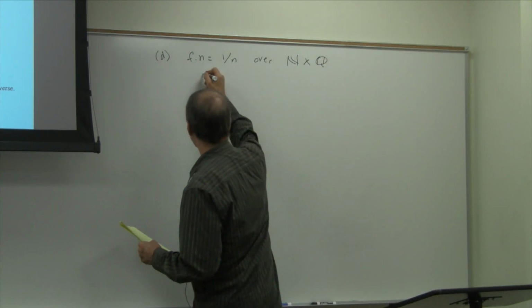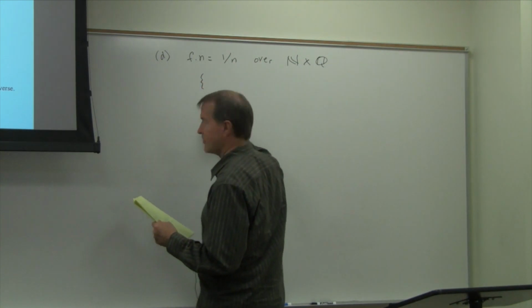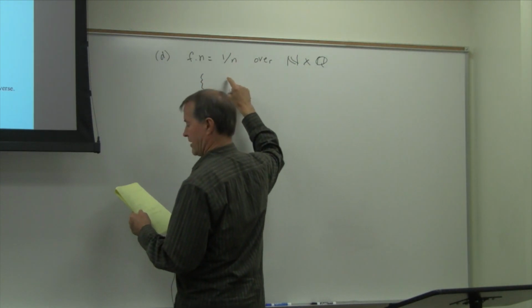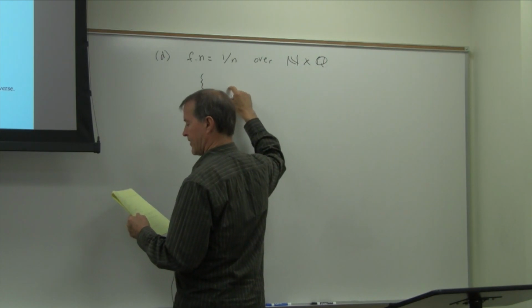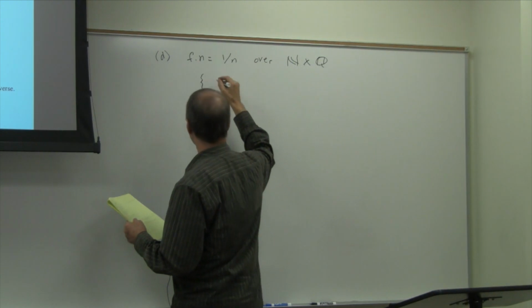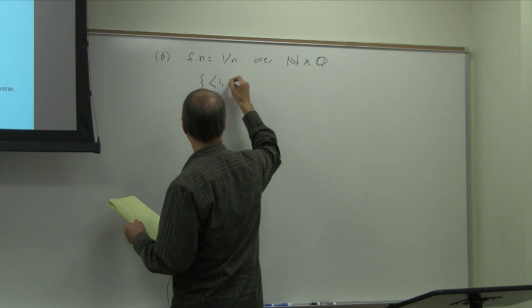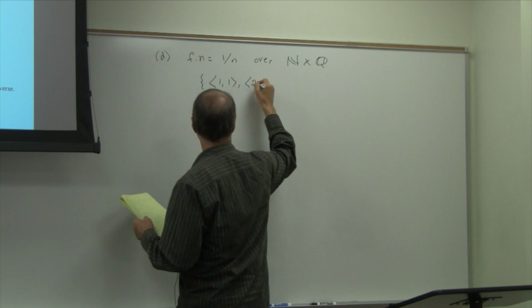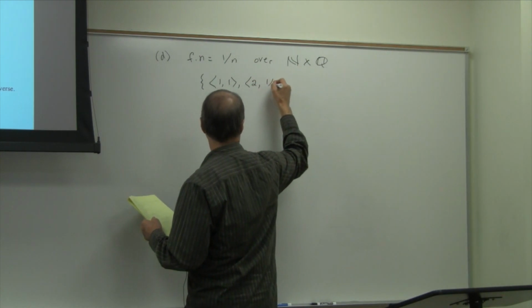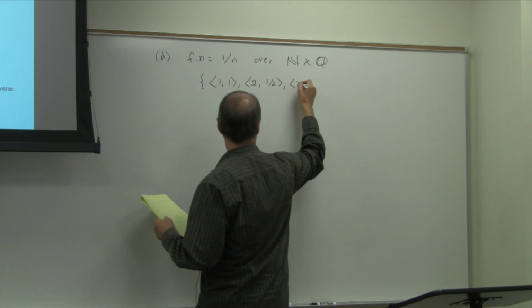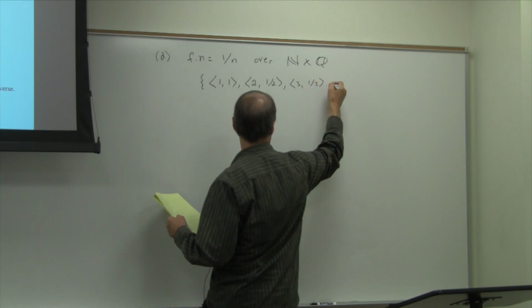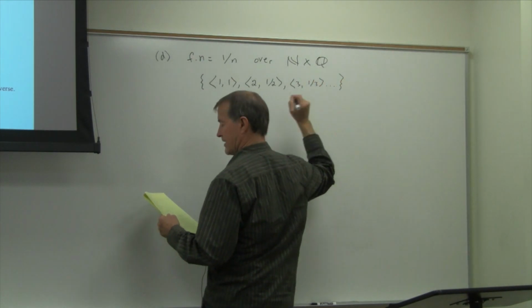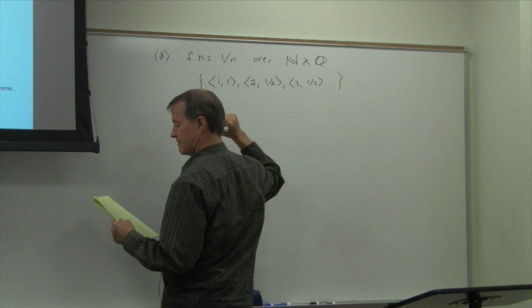So what are the first few pairs? (1, 1), (2, 1/2), (3, 1/3), dot dot dot. Now is it a function?